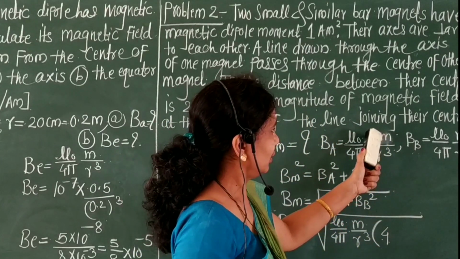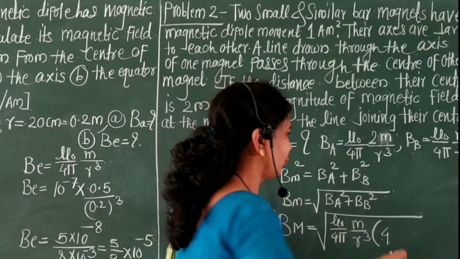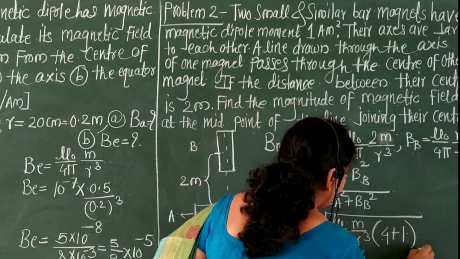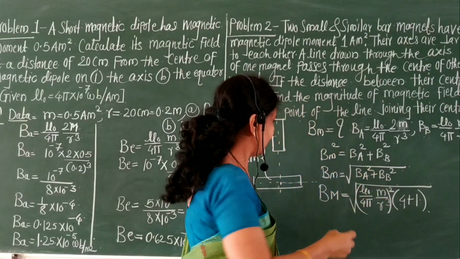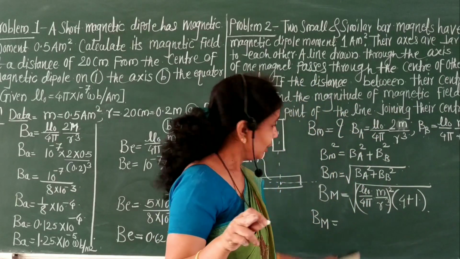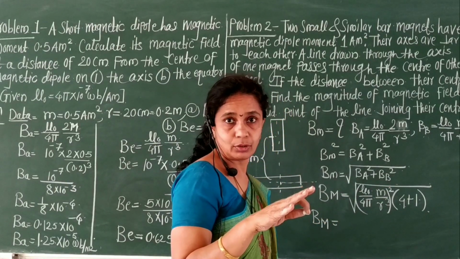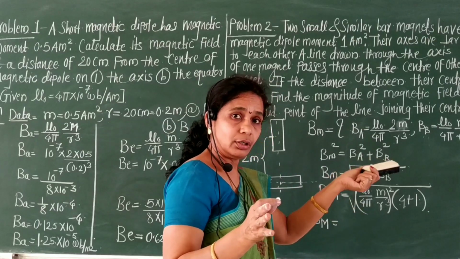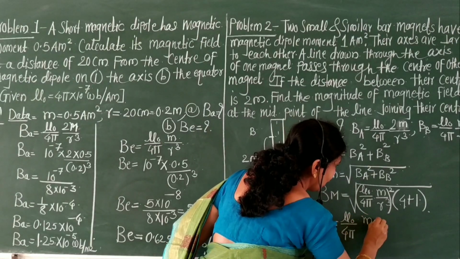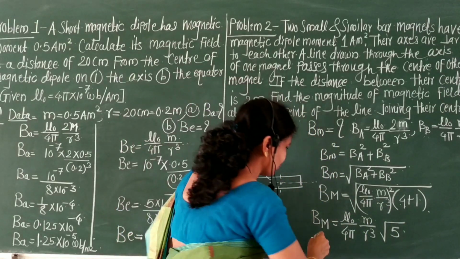Okay, here small m is again 1, 2 square 4 plus here small m is 1, therefore 4 plus 1. Okay, therefore BM is equal to under root of mu naught upon 4 pi m upon R cube, square, therefore take it outside, we get mu naught upon 4 pi m upon R cube under root of 5 only.